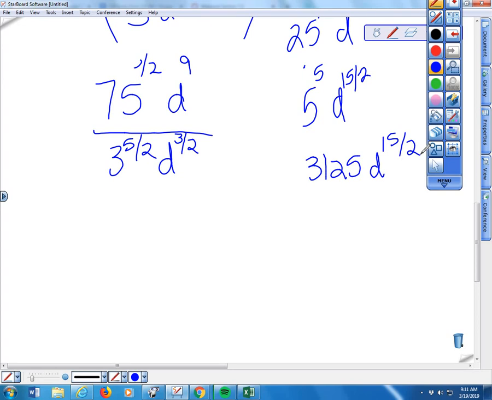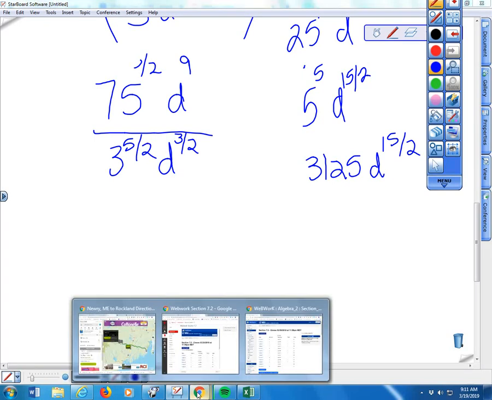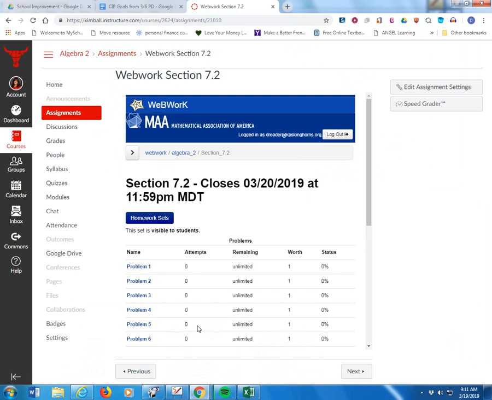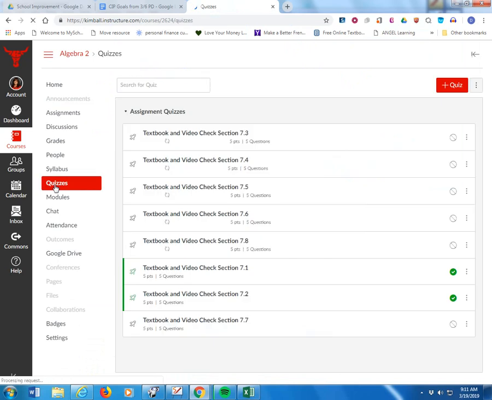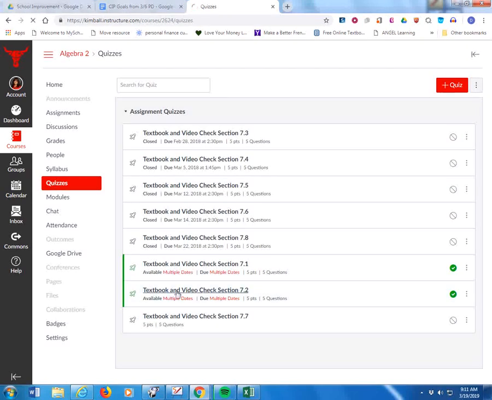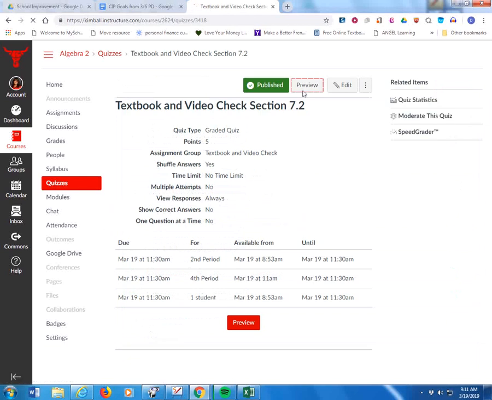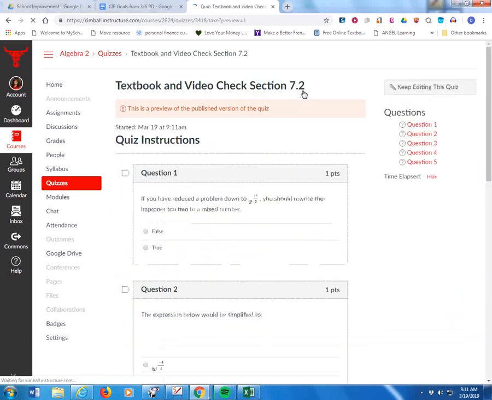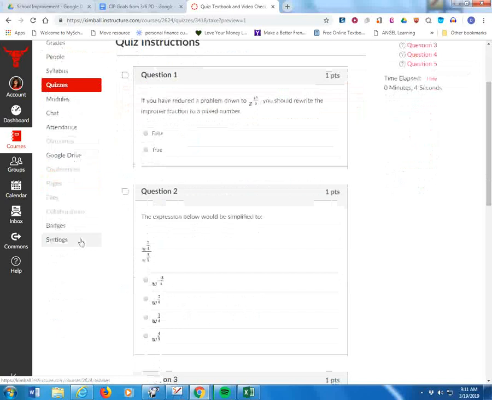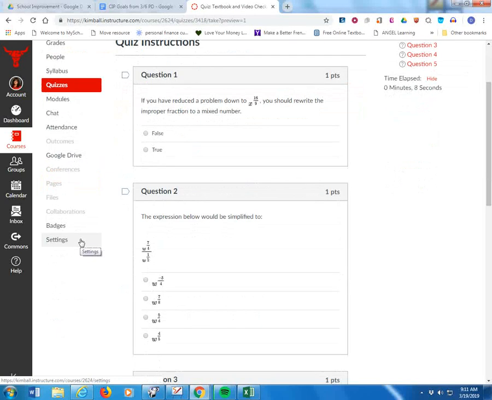Okay? That's easy. Let's go through the textbook check. If you've reduced a problem down to x to the 16/9, you should rewrite the improper fraction to a mixed number.